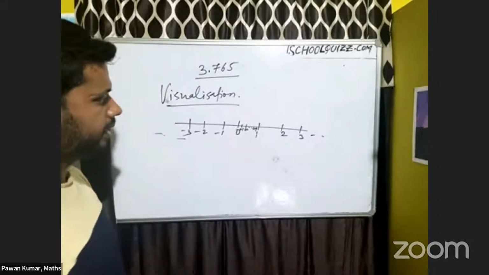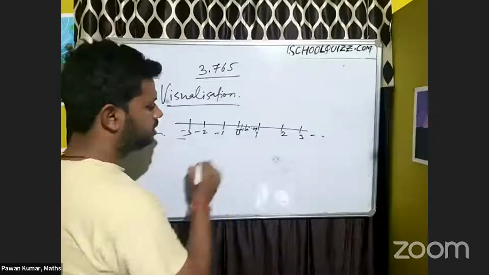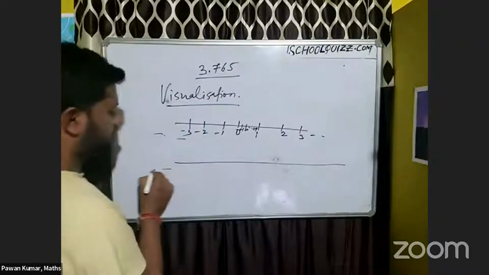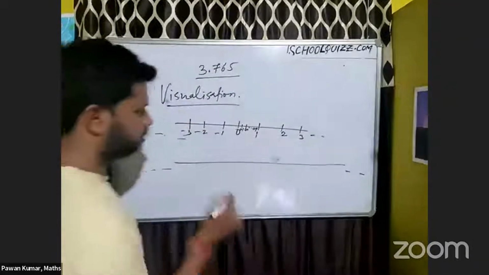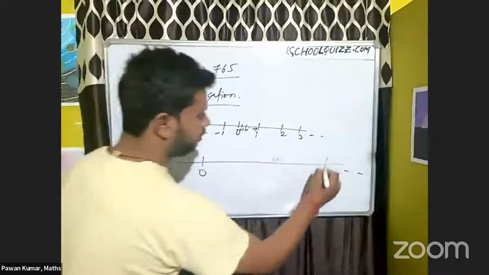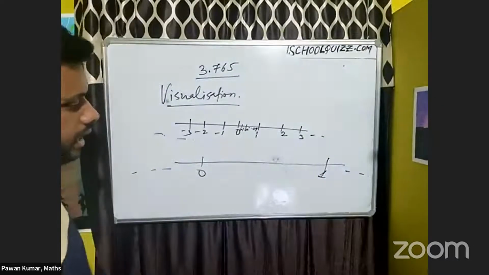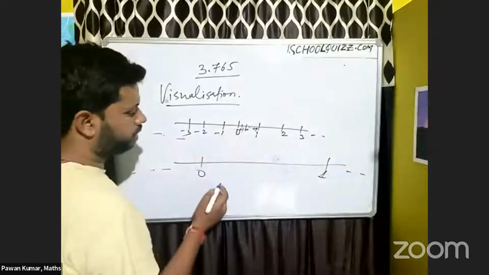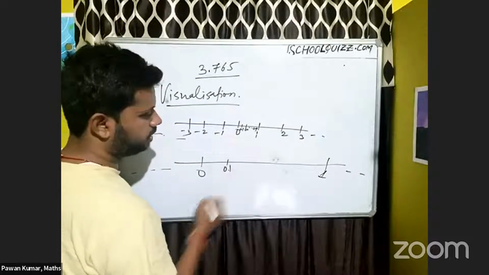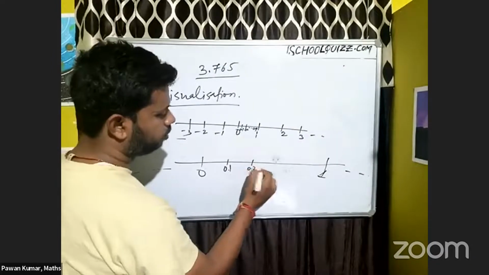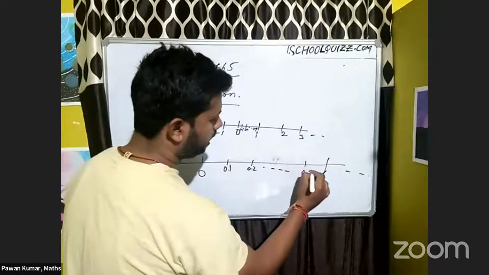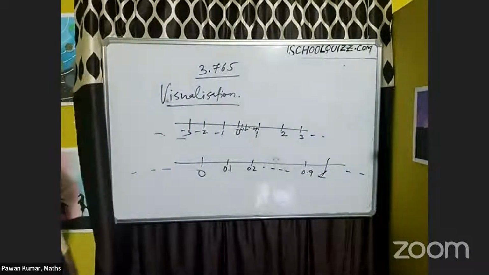So what we have to do is stretch it. I write 0 and 1 here, and then 0.1 which looked small, I give it some space here. 0.2 up to 0.9, and we get 1 here.